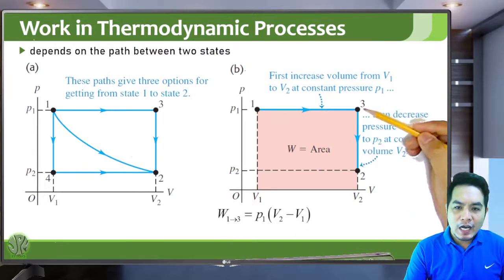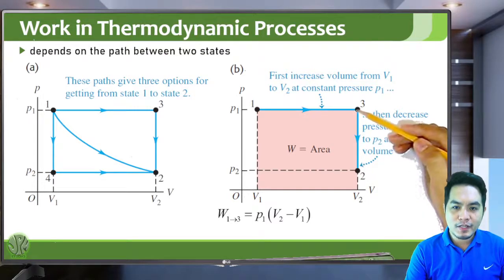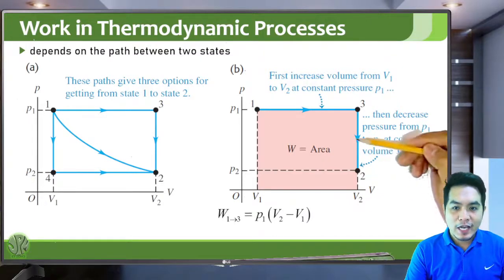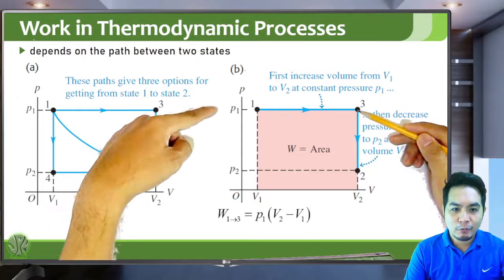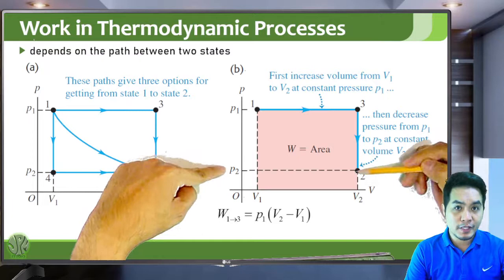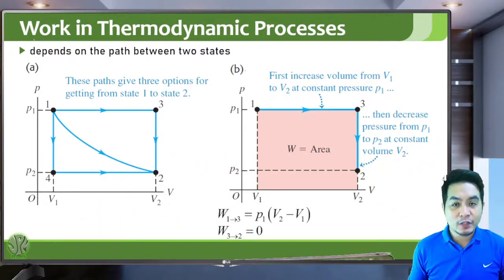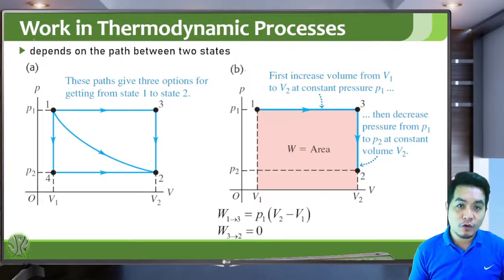Now, after the process 1 to 3, you then go to the process 3 to 2. In this case, the volume is constant at V2 and the pressure drops from P1 at point 3 to P2 at point 2. So the work done in 3 to 2 is 0 because there's no change in volume. Again, if there's no change in volume, there's no work done on or by the system.